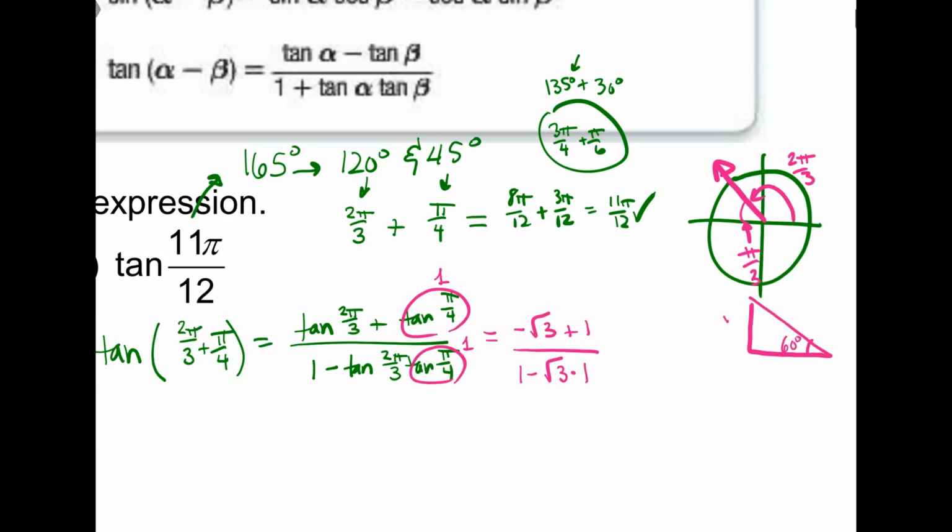Across from 60, root 3 over 2, across from 30, 1/2. So if I'm taking tangent of 60, tangent is opposite over adjacent, root 3 over 2 divided by a half. The 2's cancel out and you get root 3. Except, all students take calculus, tangent is negative in the second quadrant, and that's why Shane said negative root 3.